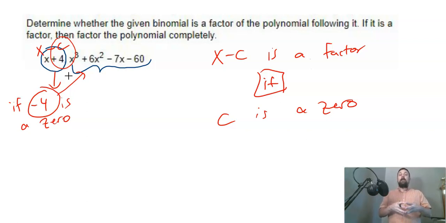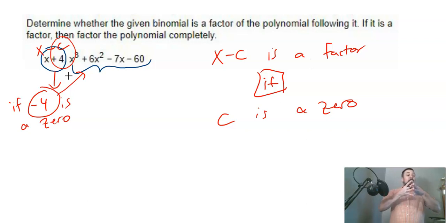That'd be one way to check, but here's the problem with that. If it turns out to be a factor, if the answer is yes, then we're supposed to factor this polynomial. But we won't be able to do that if the way you're checking is just plugging the number in. Remember from the factor theorem, we saw this when we proved it, x plus 4 will be one of the factors, but then the quotient from a division is the other factor, which means we're going to have that division accomplished in order to factor this polynomial like we're supposed to.